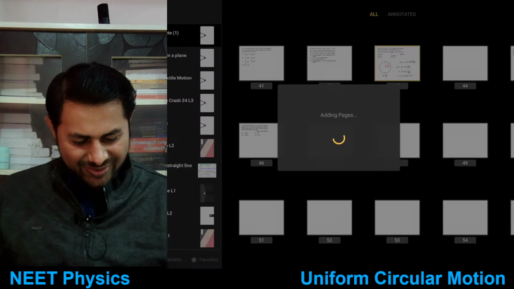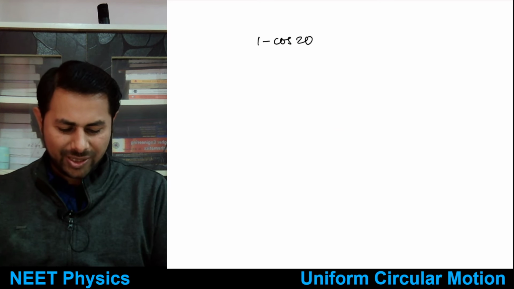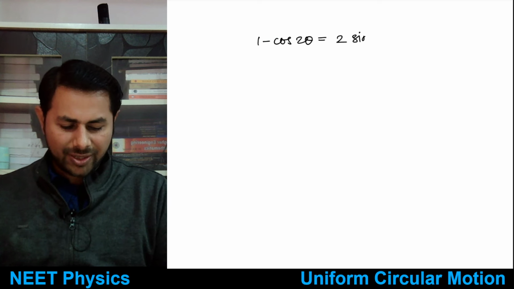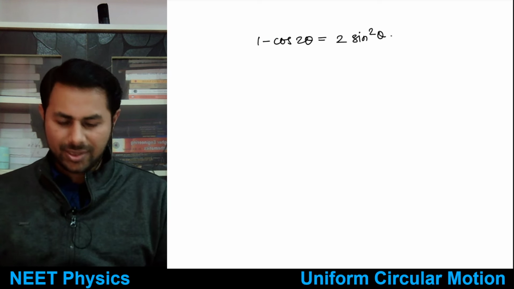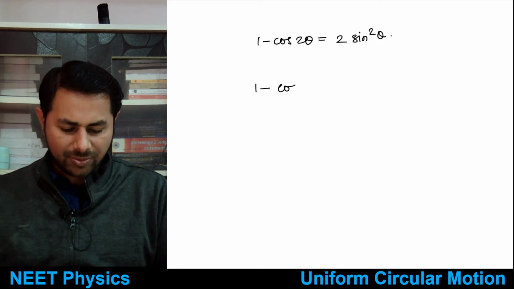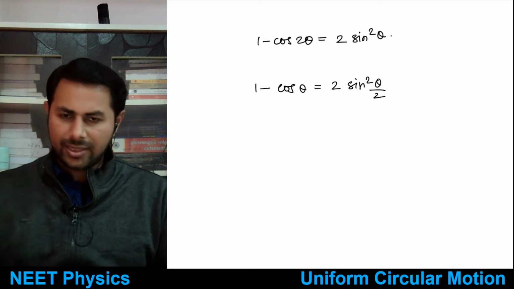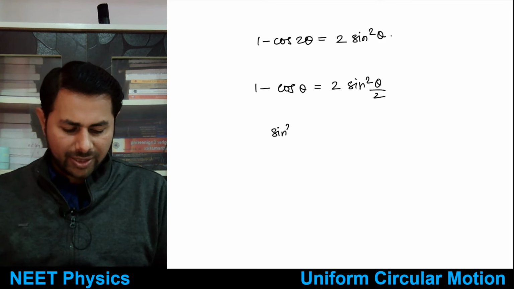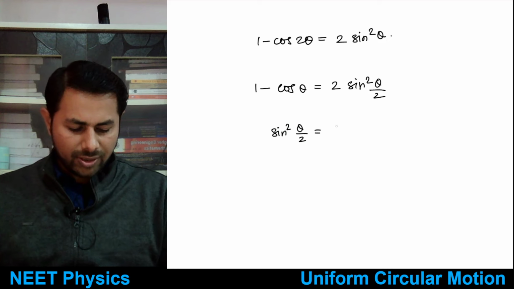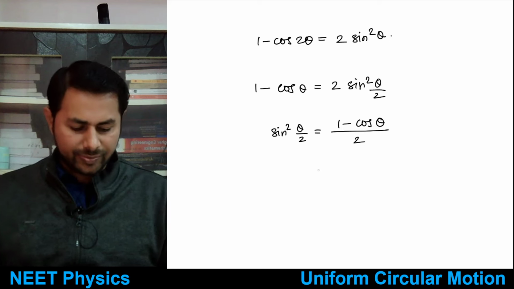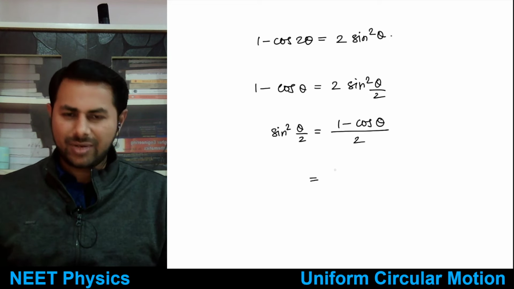And then now if you insist on solving it, there is a way. Can you tell me what's the way? Okay, so see, we had seen this formula, 1 minus cos of 2 theta is 2 sine square theta, right? Similarly, I can say 1 minus cos of theta is equal to 2 sine square theta by 2. Take that 2 on the other side. So sine square theta by 2 is equal to 1 minus cos of theta divided by 2. Okay. So now take theta equal to 45 degrees.